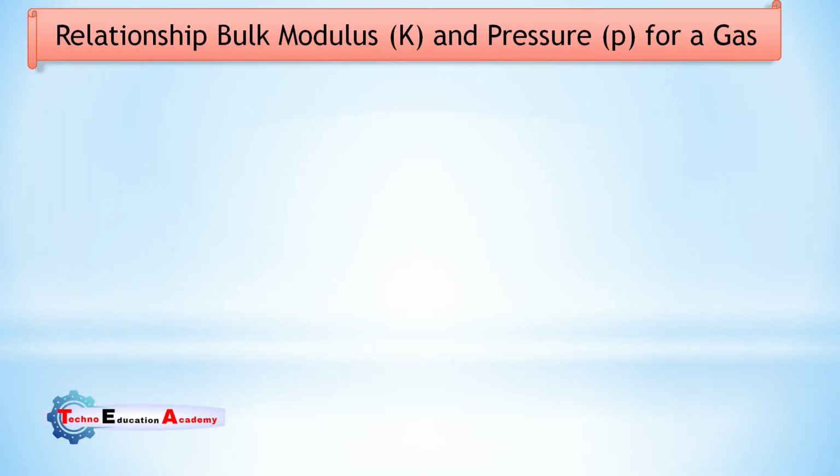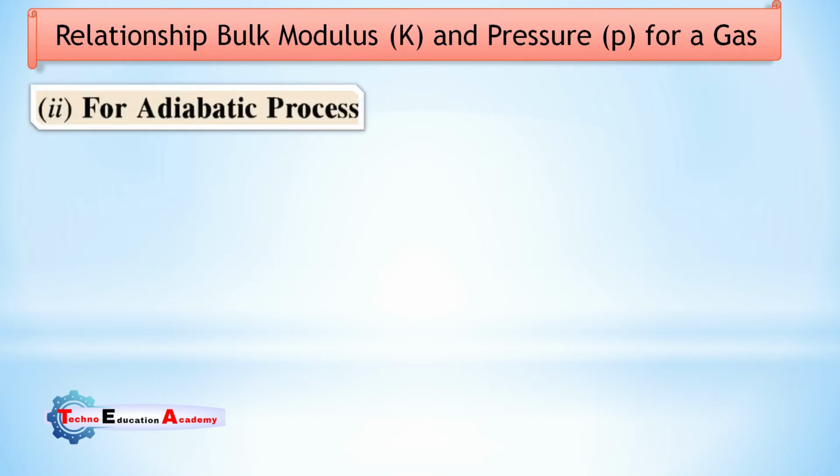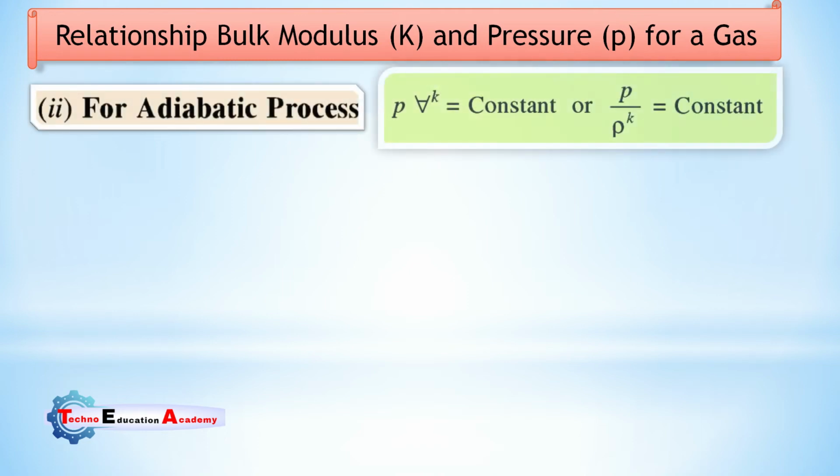Now we will derive the relationship between bulk modulus and pressure for adiabatic process. We know that according to the adiabatic process, P V raised to gamma equal to constant, or we can say P V raised to K equals constant. In some reference books we use K, and in some we use gamma, called the adiabatic index, the ratio of Cp by Cv.